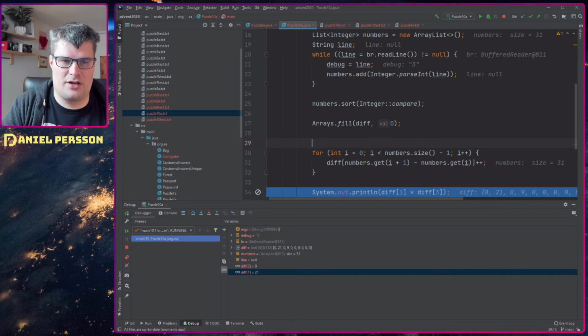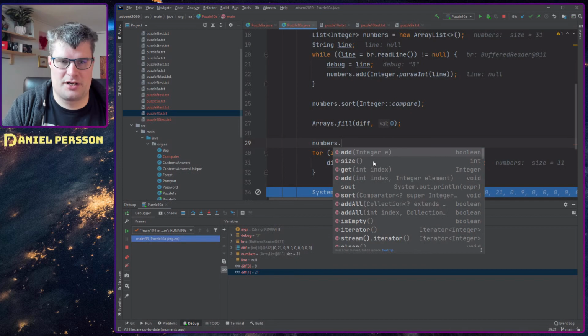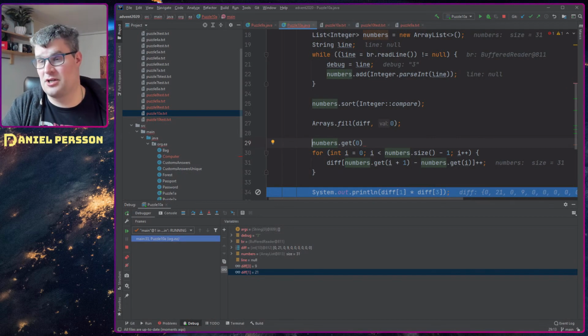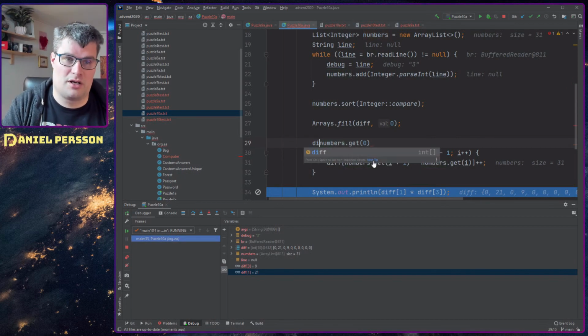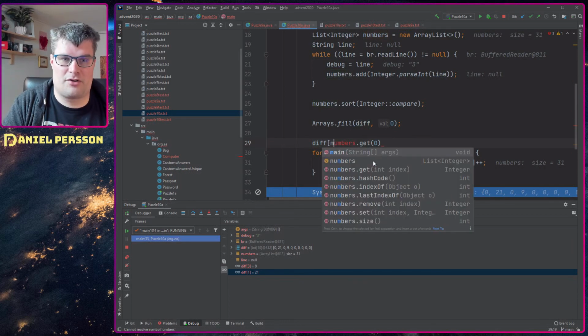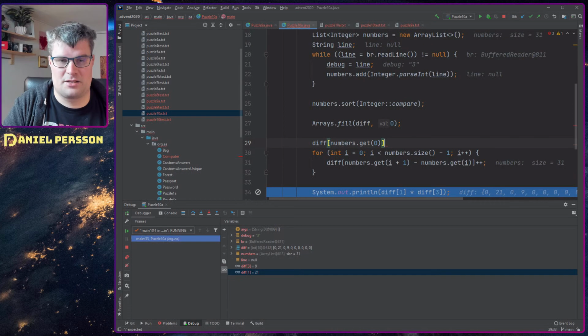So if we do numbers get 0, so that's one difference, because that's from 0 to that specific number. So that's the first one we need.